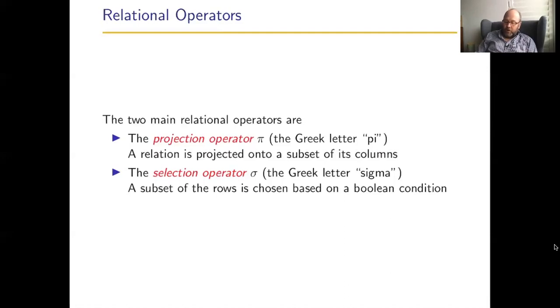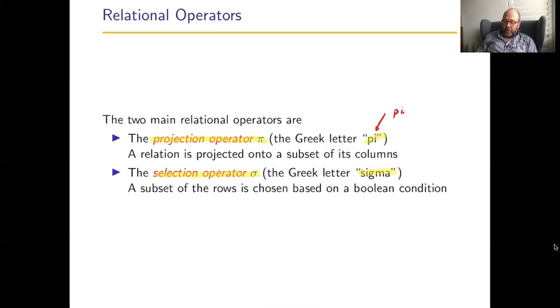One is the projection operator, pi, and that's the Greek letter pi. If you have to write something in a test or exam that uses pi, just type in pi. Then there's the selection operator sigma, that's the Greek letter sigma. And then again, you just type in sigma if you need to type something in a test.